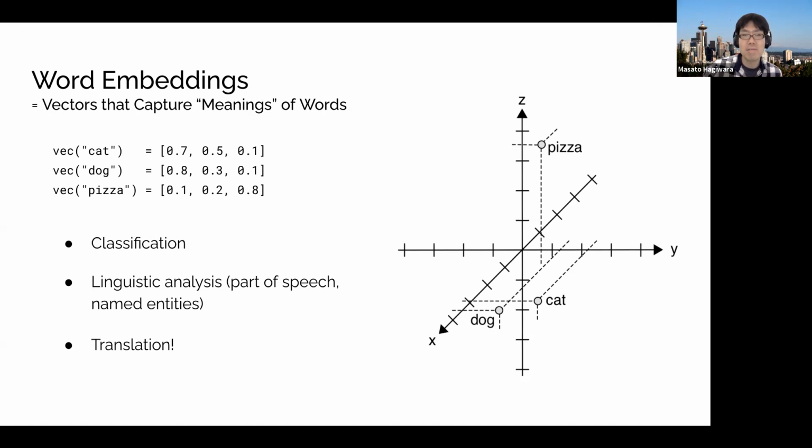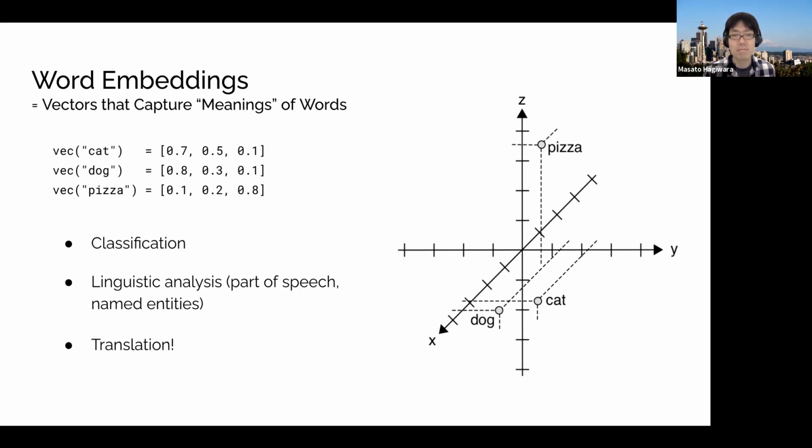So say if the X value of any word is more than 0.5, for example, then you basically have an animal classifier. You look at the values or where those points are, and you can tell a lot about what they actually mean.